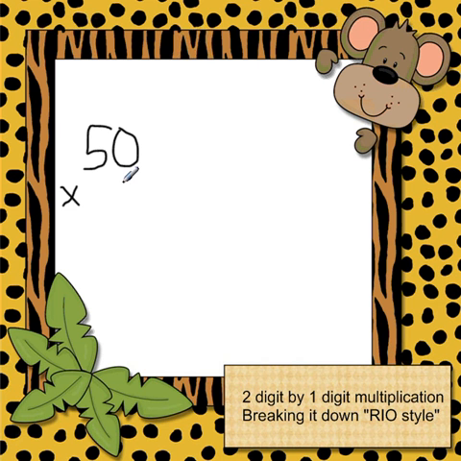Let's do 50 times 3. In essence, 50 really is 5 tens, which is 50, and 0 ones. We still have to put that there. Even though it's a 0, it's a seat saver, or a placeholder. It stays there till another digit comes. So 50 plus 0, times 3.